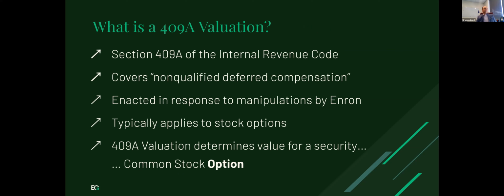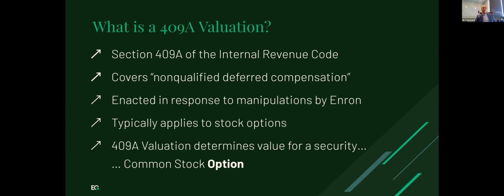So with that, Bryson, what is a 409A valuation? Yeah, it's interesting, that name 409A, it's a section of the tax code. Like we all know what 401k plans are, and 401k is nothing more than the name in the tax code that governs 401k plans.